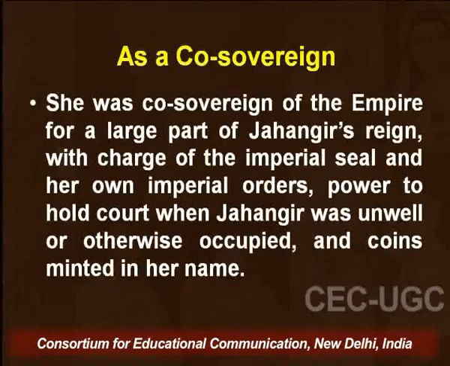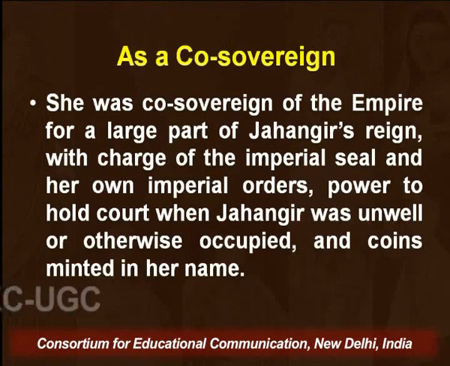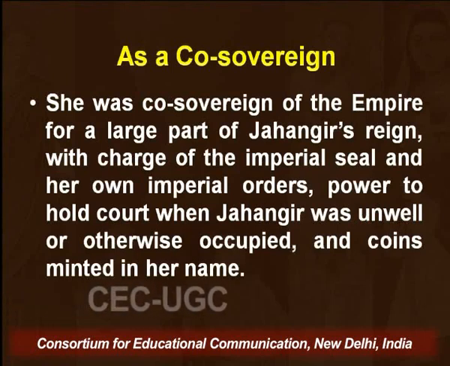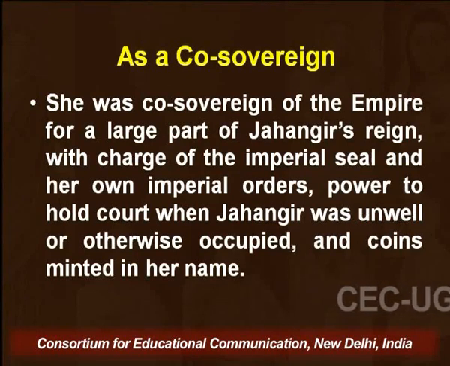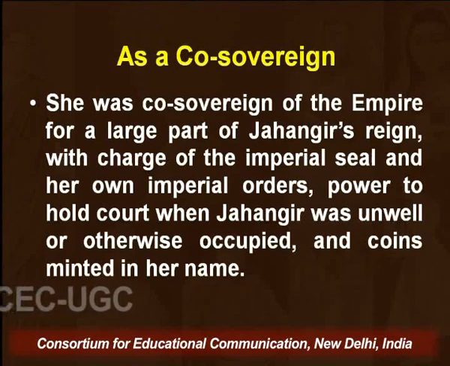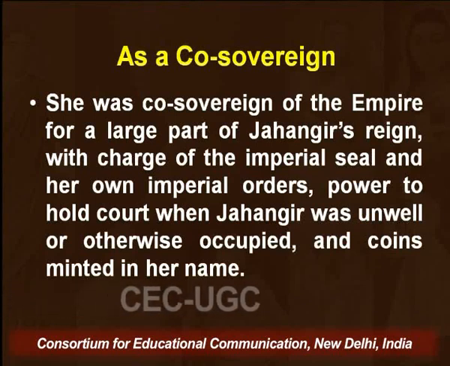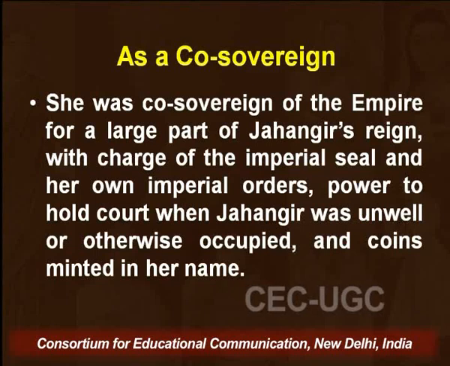Another great achievement that can be ascribed to Nur Jahan was that of her being a co-sovereign. She was a co-sovereign of the empire for a large part of Jahangir's reign, with the charge of the imperial seal as well as her own imperial orders.